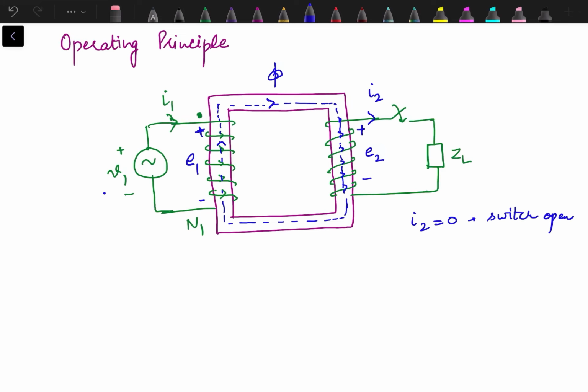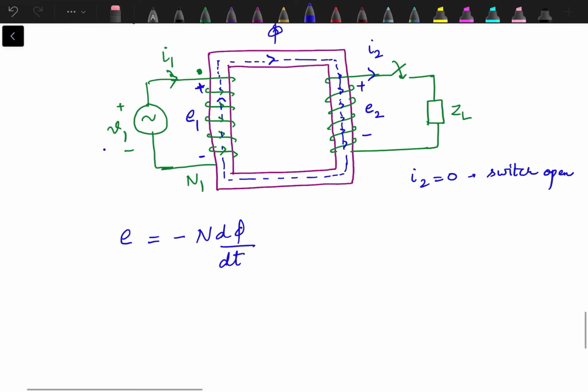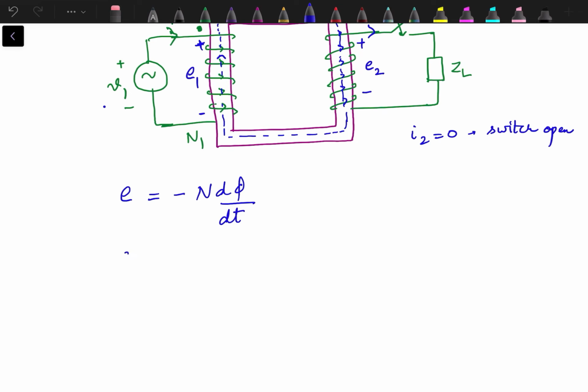Now we can find out the value of E1 and E2. Now this E1 and E2, their value can be found by using Faraday's laws. As per Faraday's law, induced EMF is equals to minus N d phi by dt. So let's say phi is given as phi max sine omega t.